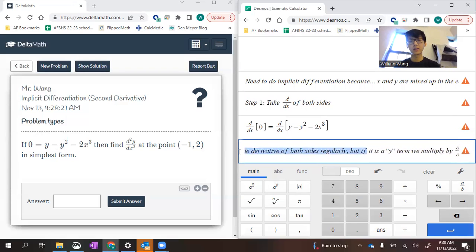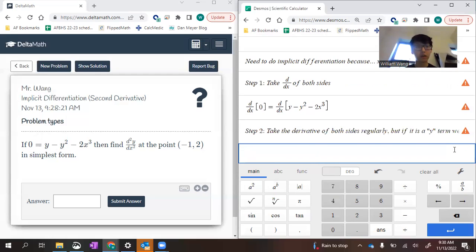That's it. So we take the derivative of both sides regularly, but if it is a y term, we do multiply by dy dx. Okay, cool.